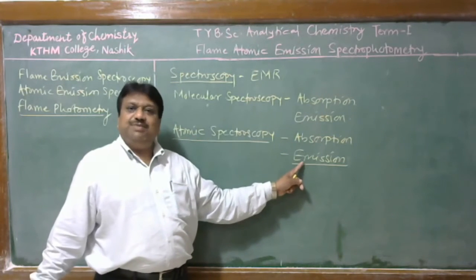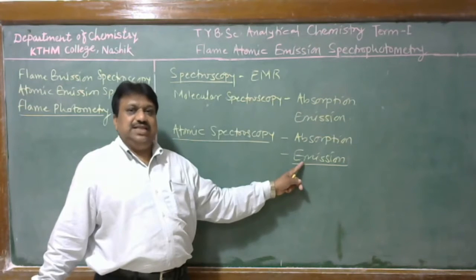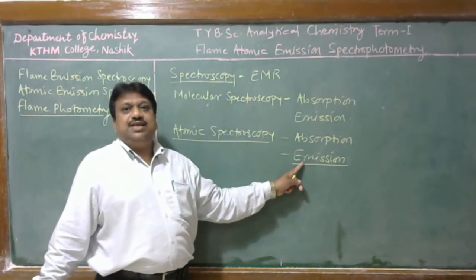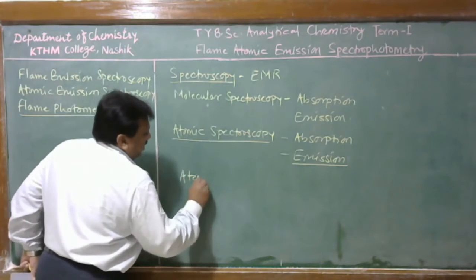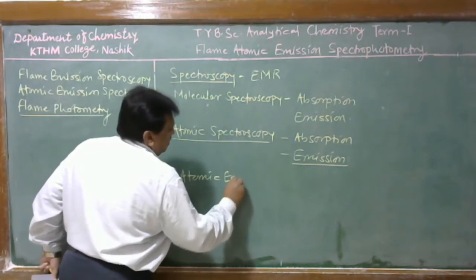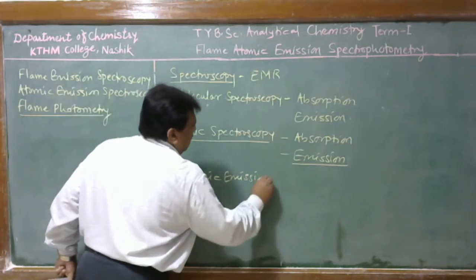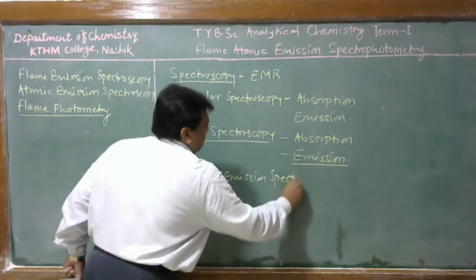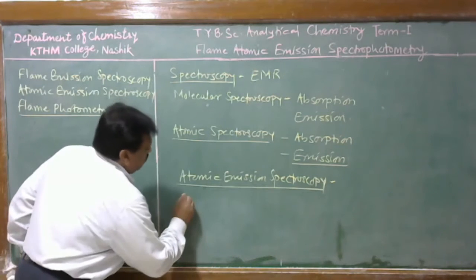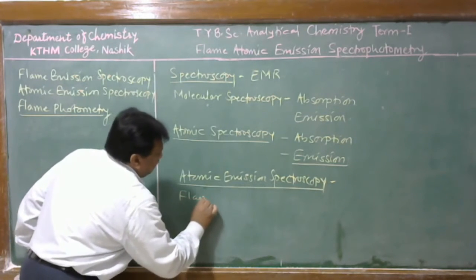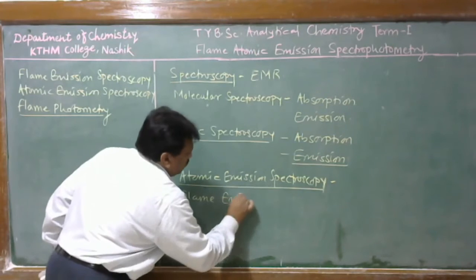And if the measurement mode of atomic species is emission, it is called atomic emission spectroscopy. Today we discuss atomic emission spectroscopy, which is also called flame emission spectroscopy.